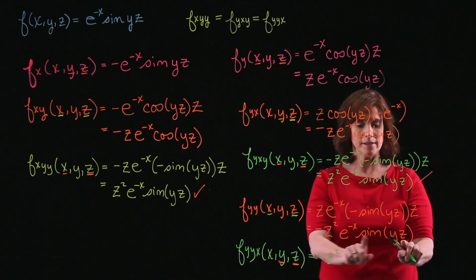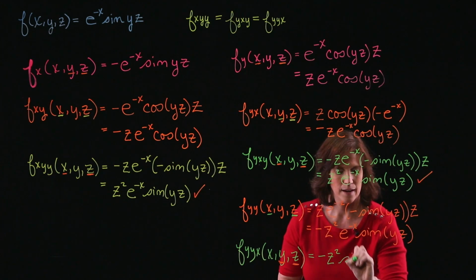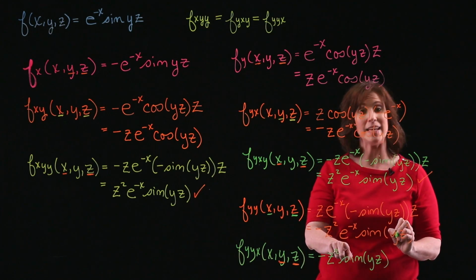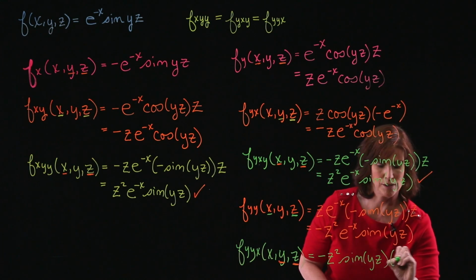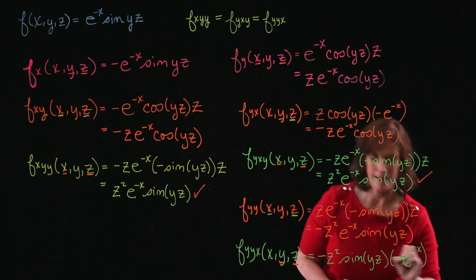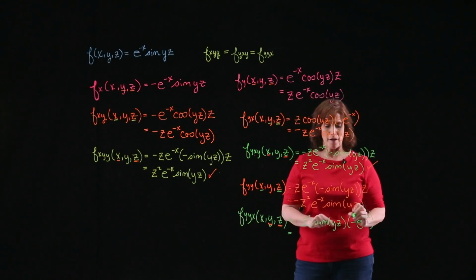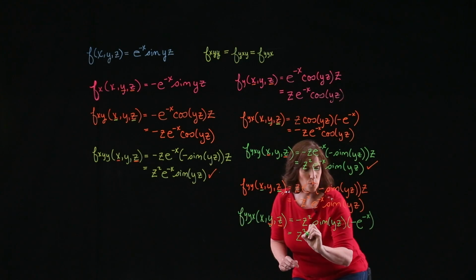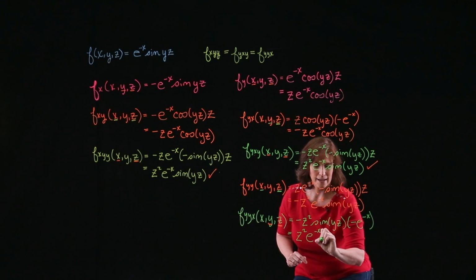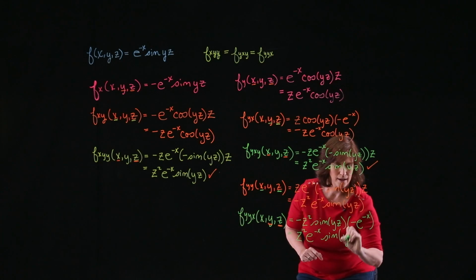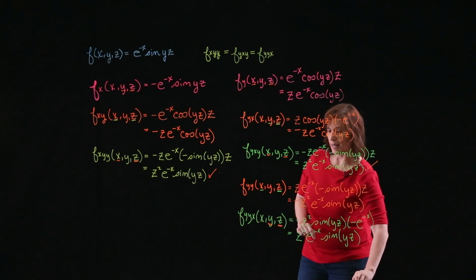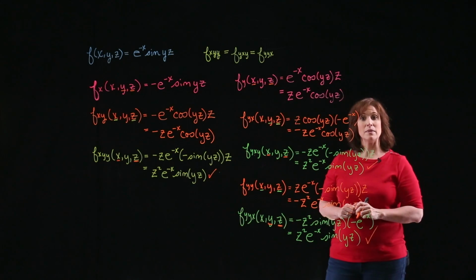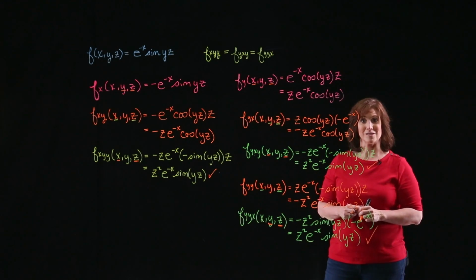Because y and z is a constant, so is the sine of yz, and the only thing I have to differentiate is e to the minus x, which is minus e to the minus x. And when I simplify this, I'm going to end up with a positive z squared e to the minus x sine of yz. And if you notice, it's exactly the same thing that I got for my other mixed partials.